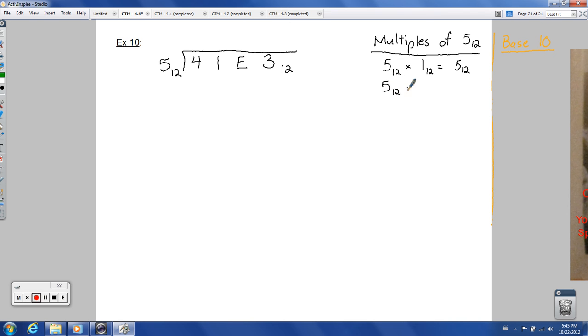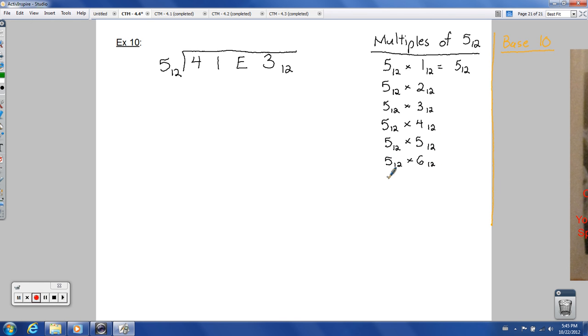So we'll just write down the list of what we got here. 5 times 2, 5 times 3. This is going to go all the way up to 5 times 11 because I have 12 different digits to do. I don't need to do the 0, but I need to do the rest. So 5 base 12 times 4 base 12. 5 base 12 times 5 base 12. And just keep writing them.